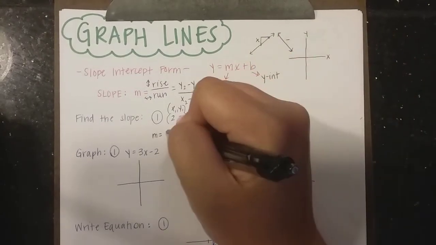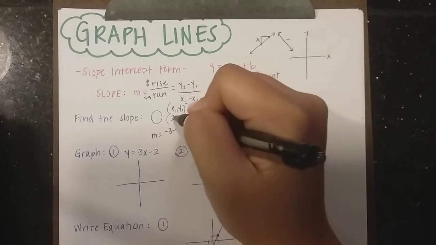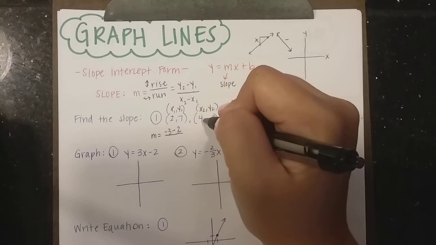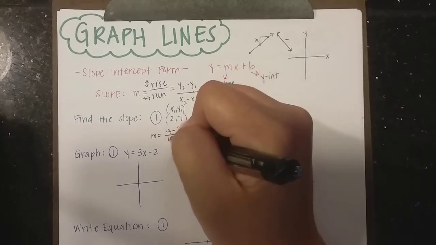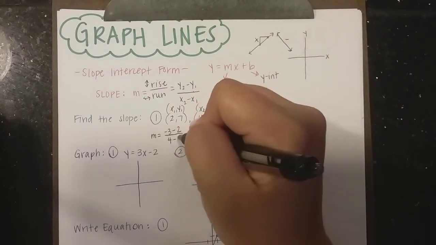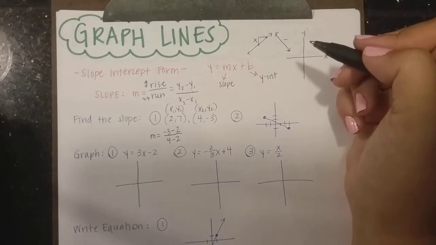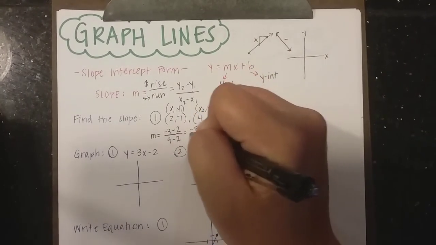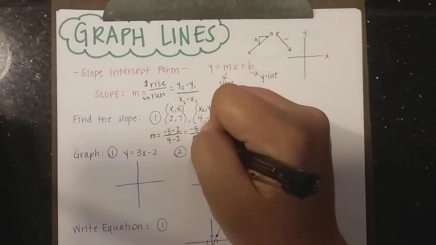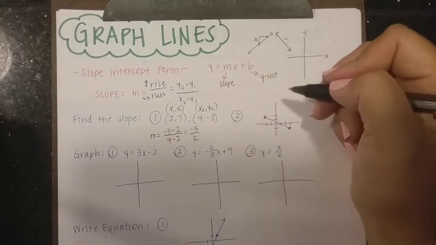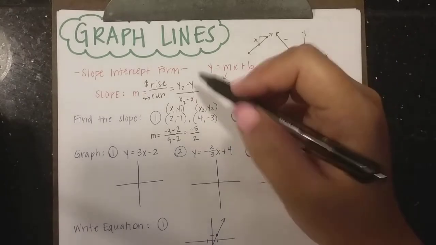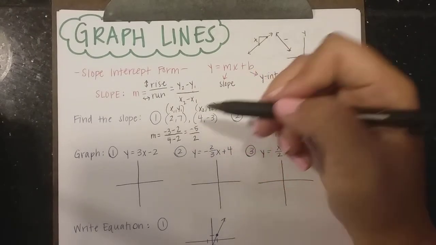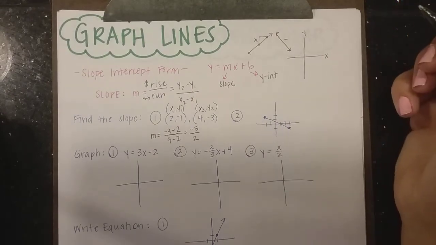My second y is -3 minus my first y, 2. Then my second x, 4, minus the first x, 2. Then we simplify. -3 minus 2 is -5, and 4 minus 2 is 2. We can't simplify further, because 2 doesn't go into 5, and I only have the one negative, so I leave it just like it is.